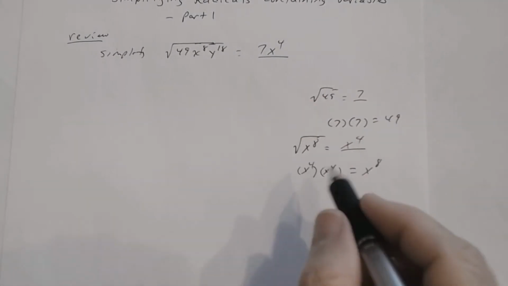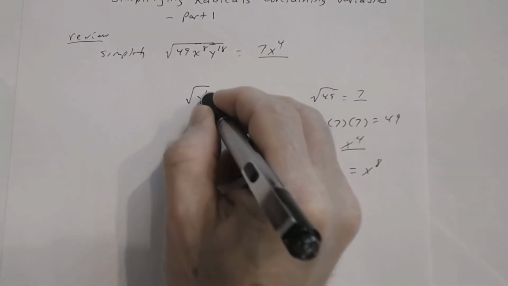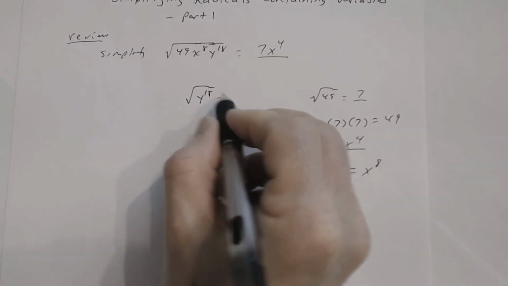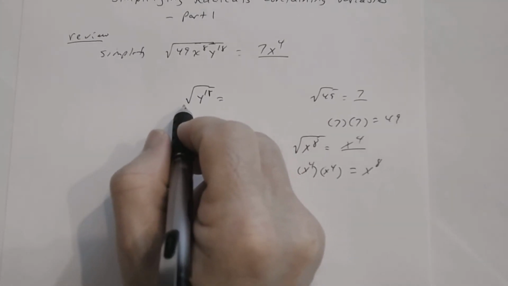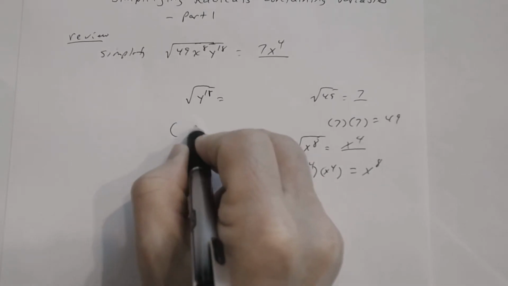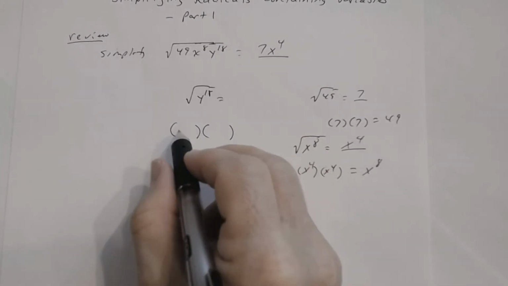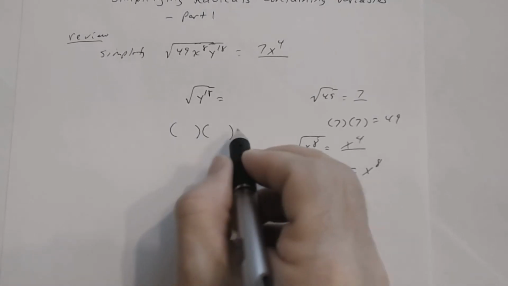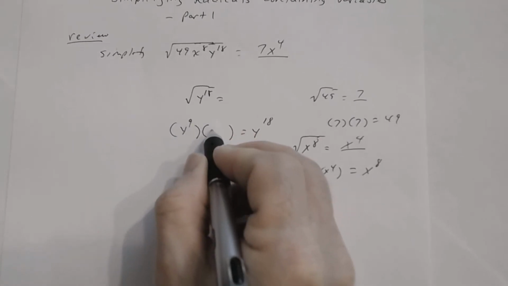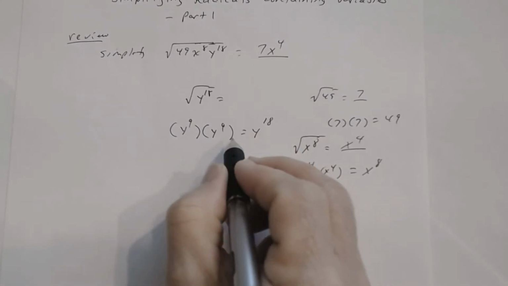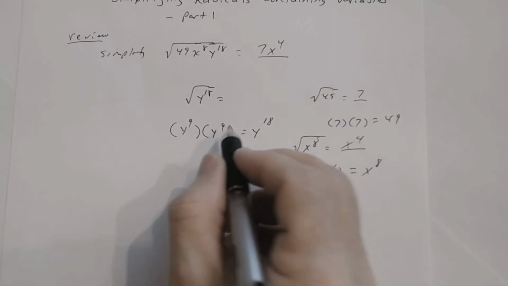Then we did the same thing with the square root of y to the 18th. So 18 divided by 2, the index is 2, so that's 9. We knew that an expression times itself is y to the 18th, so that would have to be y to the 9th, because y to the 9th times itself is y to the 18th. When you multiply like bases, you add exponents.